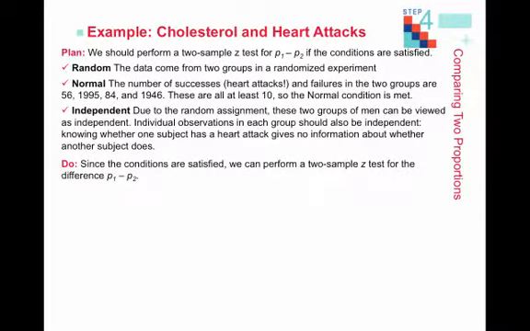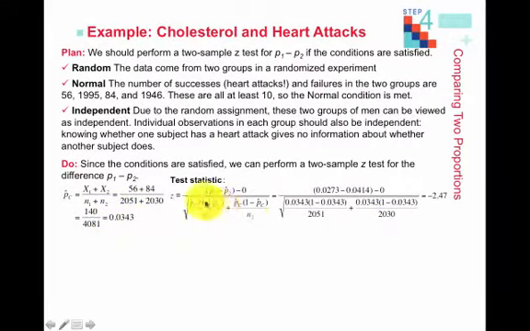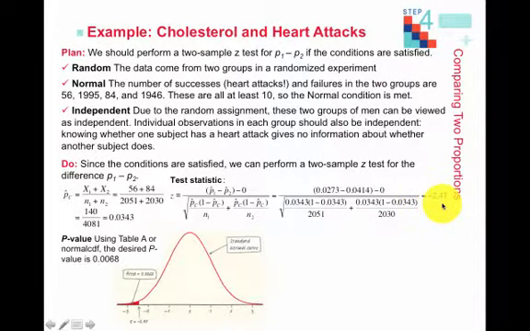So, since we have our conditions met, we can do our two-sample z-test for the difference. Our pooled proportion is 0.0343. Our standard error is down here on the bottom. Our test statistic calculates out to be negative 2.47. Our p-value ends up being 0.0068. This is a one-sided test.